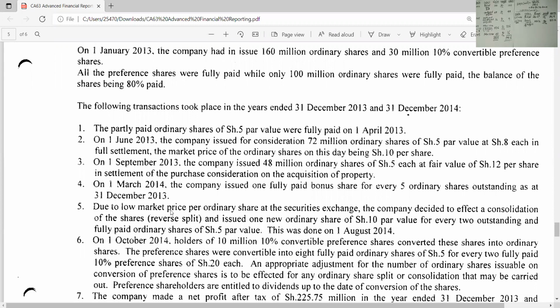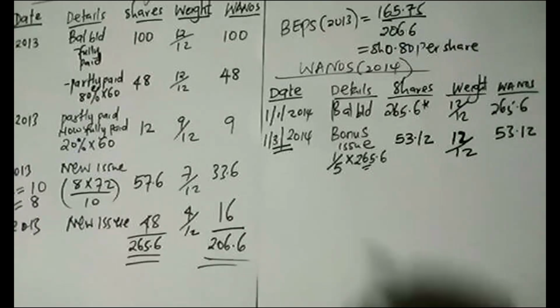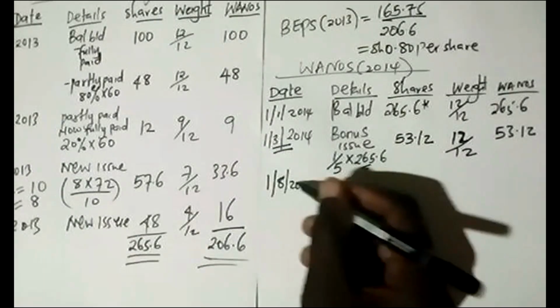Due to low market price per ordinary share at the securities exchange, the company decided to effect a consolidation of the shares, a reverse split, and issued one new ordinary share of shillings 10 par value for every 2 outstanding, fully paid ordinary shares of shillings 5 par value. This was done on 1st August 2014, so we have to record that date.